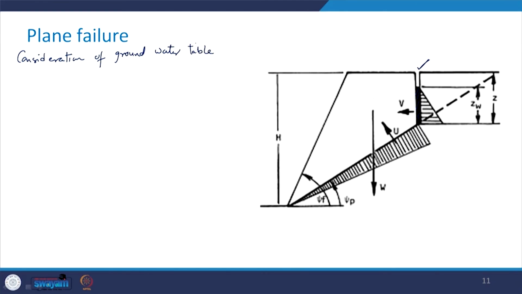So, in this case you are going to have pressure because of the presence of the water and the groundwater table in the form of this U and V. So, what we have is the capital U, which is the uplift force due to water pressure on the sliding surface.